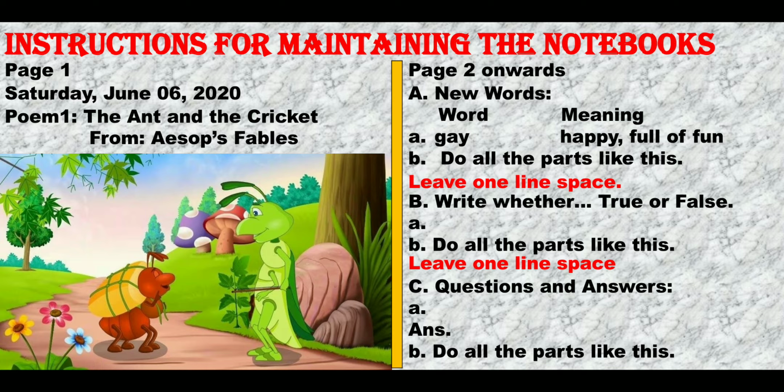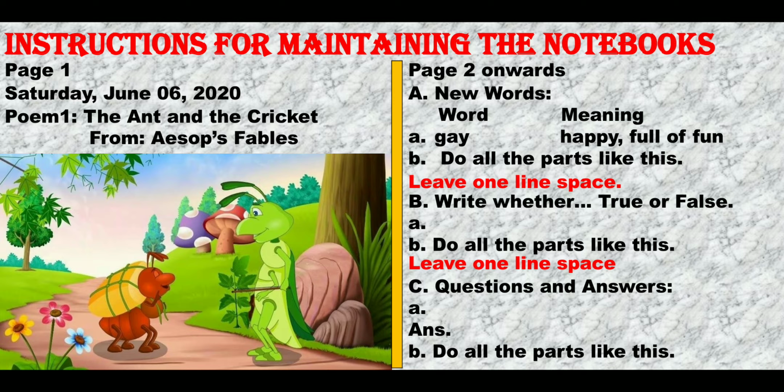Then do the question number B, that is true and false statements. After completing it, once again leave one line space and do the C part of the exercise, that is the questions and the answers. After leaving one line space after doing the questions and answers, do the D part of the exercise, that is the antonyms.